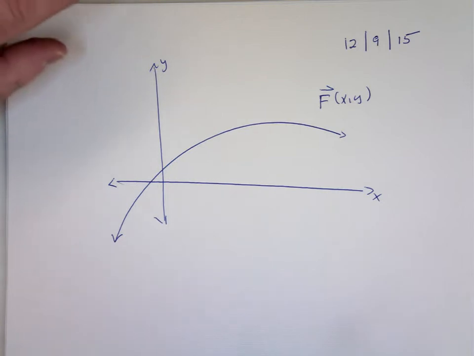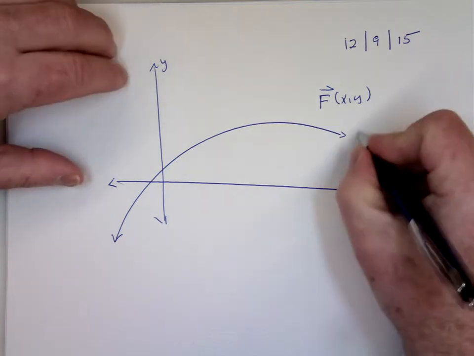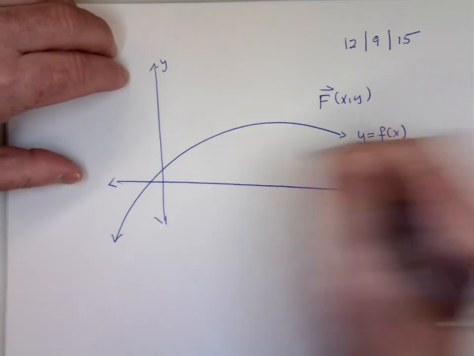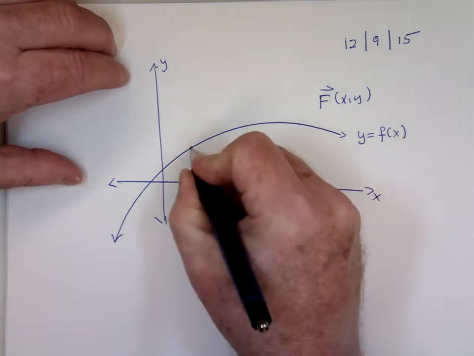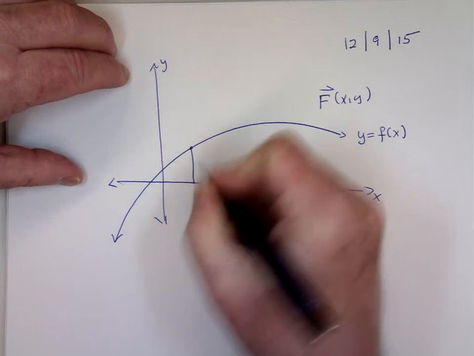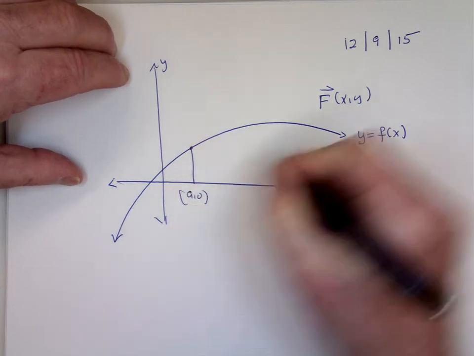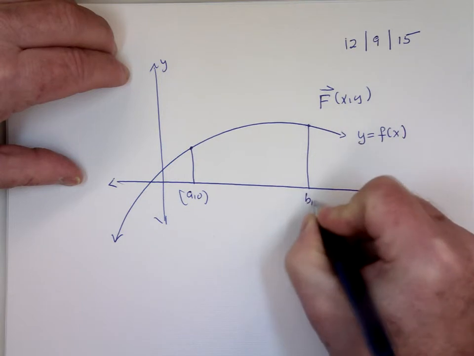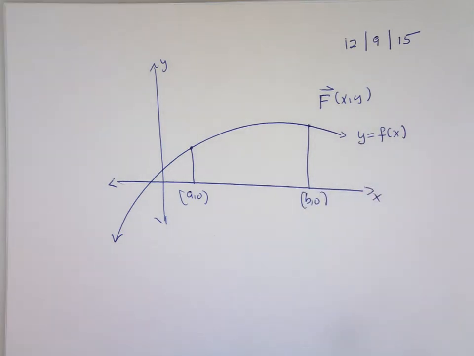What we want to be able to do is, given a path in this field, find the work done in moving a particle along this path from, say, A to B. We want to figure out what is the work done in moving this particle along that path in this vector or force field.